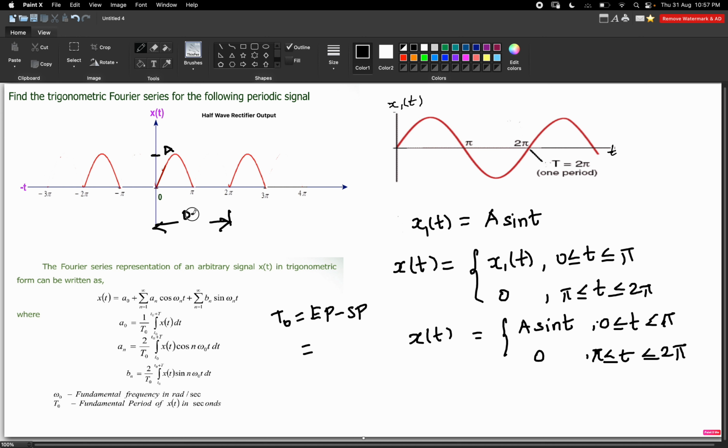Why? Because if this cycle repeats continuously, then only the entire waveform will be generated. Okay, so don't consider this alone a cycle. We have to consider the range 0 to 2 pi. So the ending point is 2 pi and the starting point is 0. So the value of t naught is obviously 2 pi.